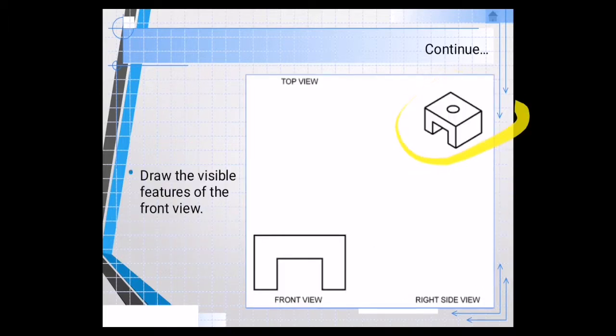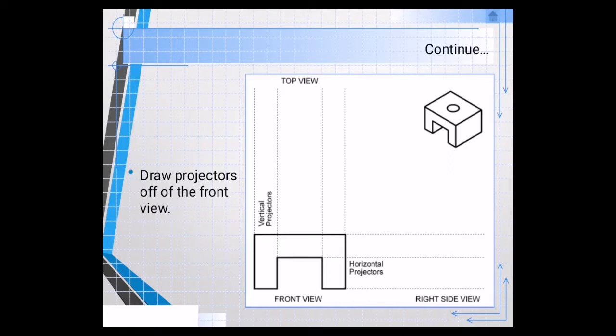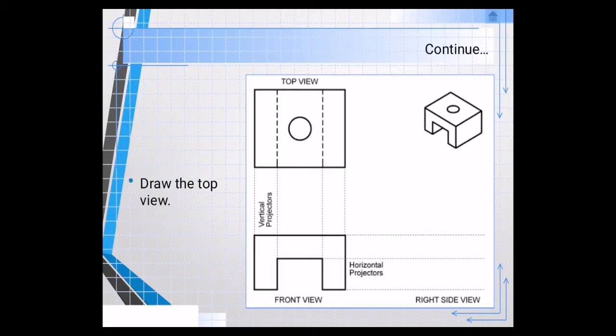This is our given object, and this is the front view of the object when seen from this side. The next step is to draw the projectors vertically as well as horizontally to obtain the top view and front view. So draw the top view.